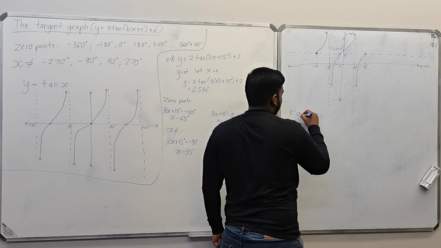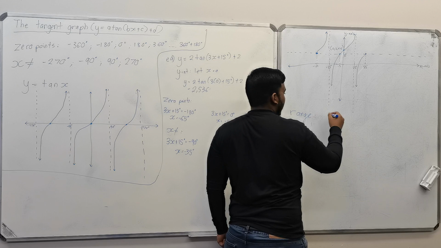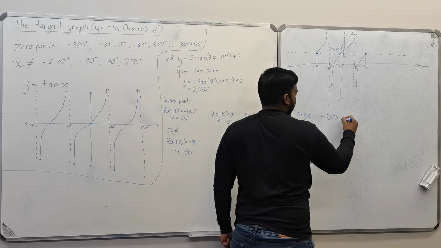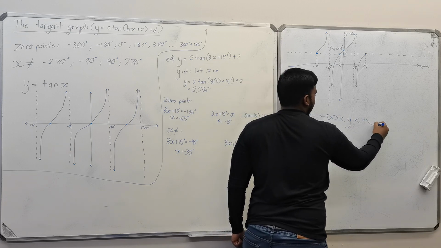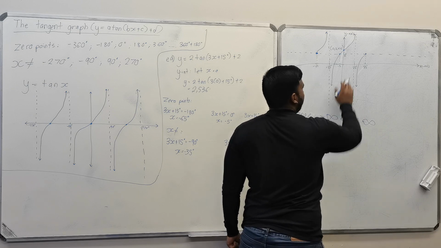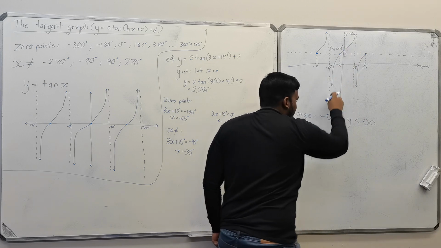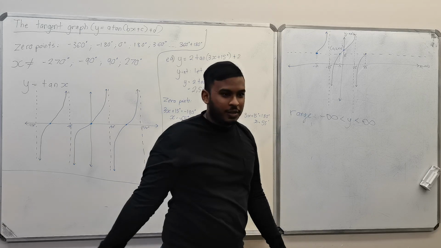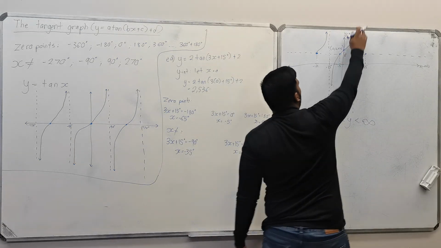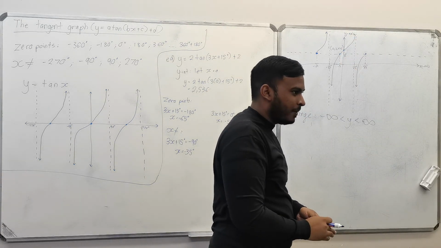So your range of this graph would be negative infinity less than y less than infinity, because if you take this line, it is going to continue all the way down to infinity. This line is going to go all the way up to infinity. So that's the range.